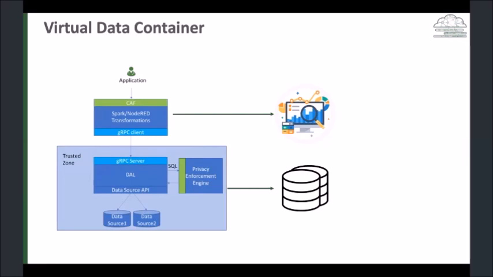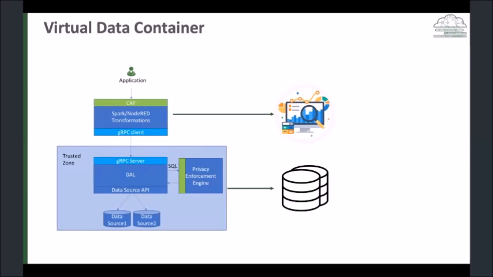Then the data will be transmitted. Otherwise, the data could be blocked in case there are no rights, or can be anonymized or pseudo-anonymized according to the level of privacy that we agree to have on the other side.